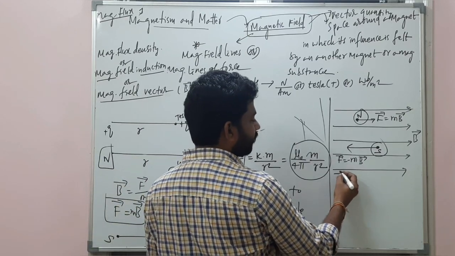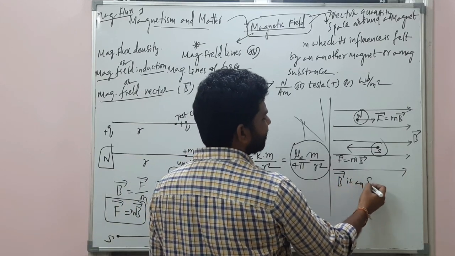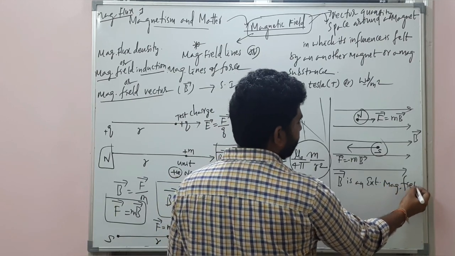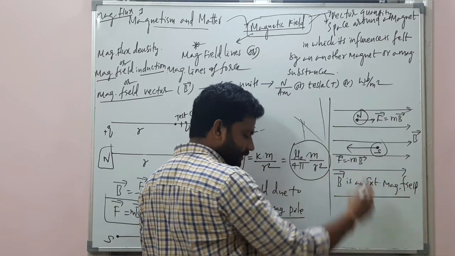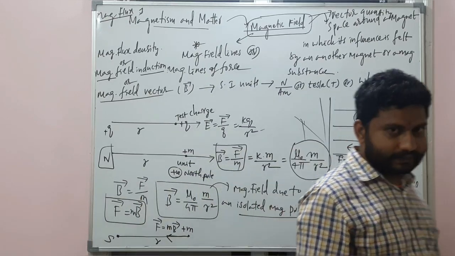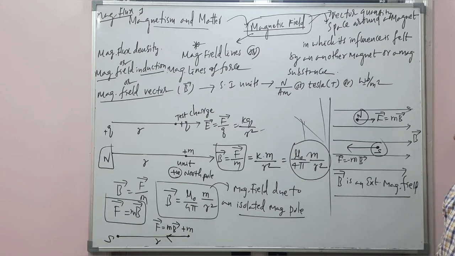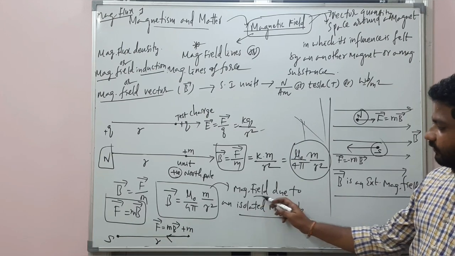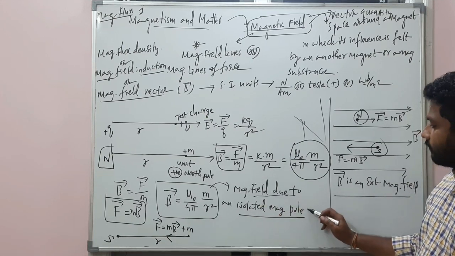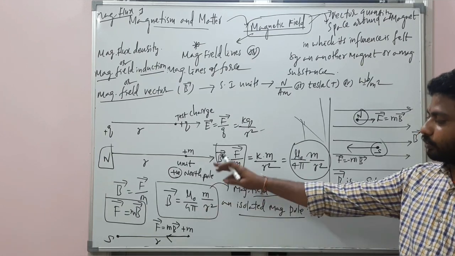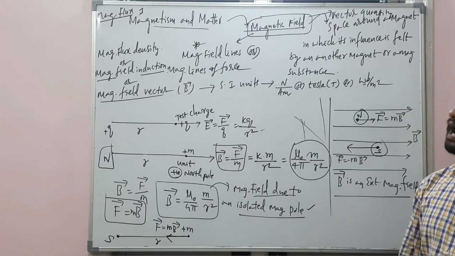Okay, so I'm writing here, B bar is an external magnetic field. Now, you know the magnetic field due to the isolated magnetic pole formula. Remember this formula, B bar is equal to mu naught by 4 pi into M by r square.